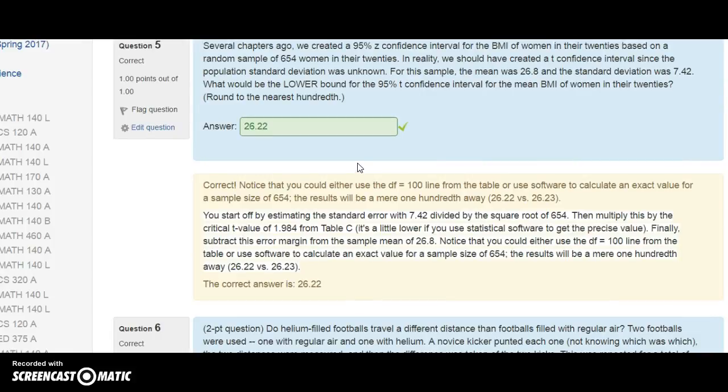So this was revisiting a study from quite some time ago, and it's essentially just setting up a confidence interval. So we need to know a few pieces of information. 654 women. Our sample standard deviation is 7.42, and the sample mean is 26.8.